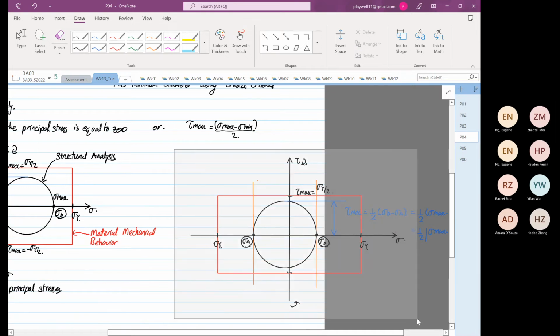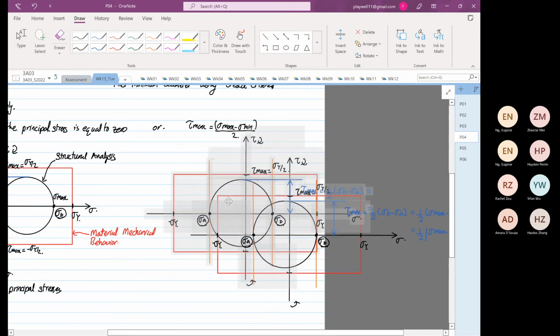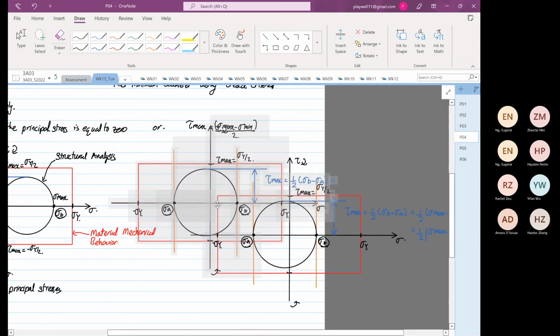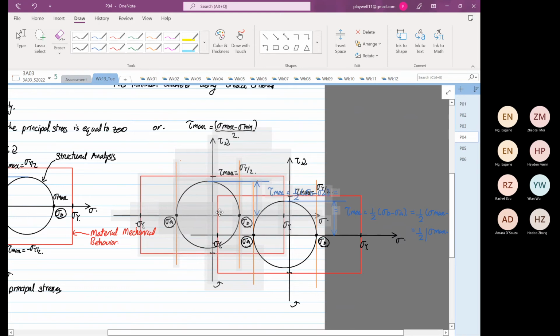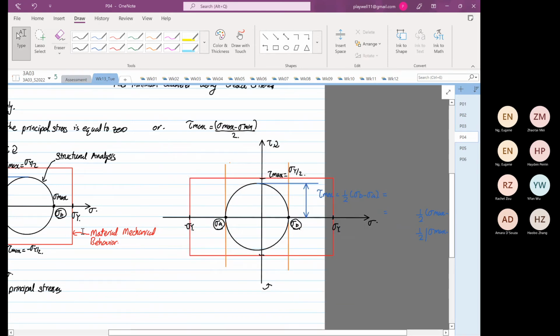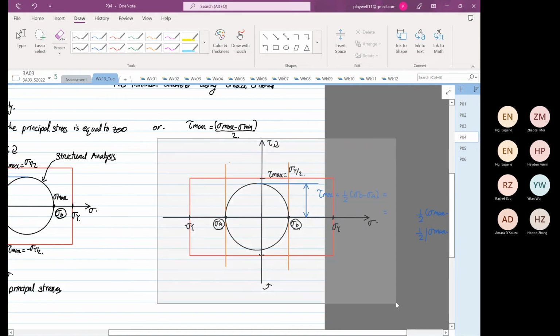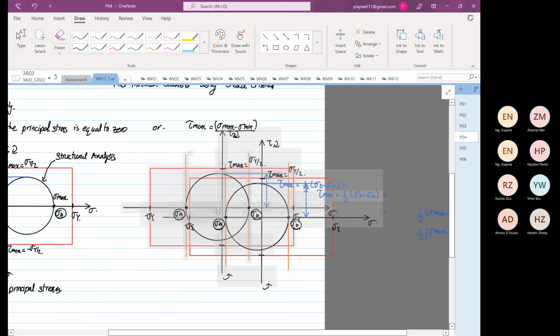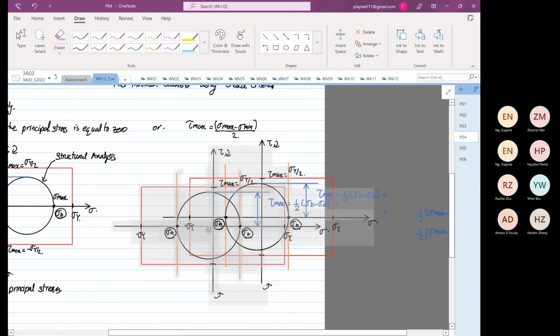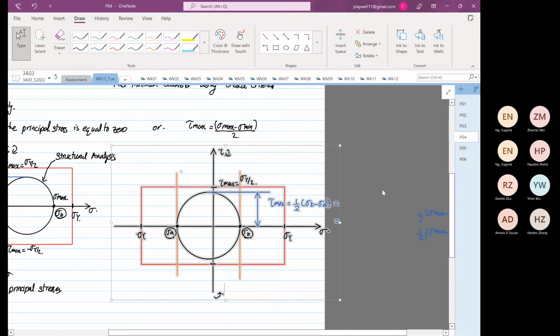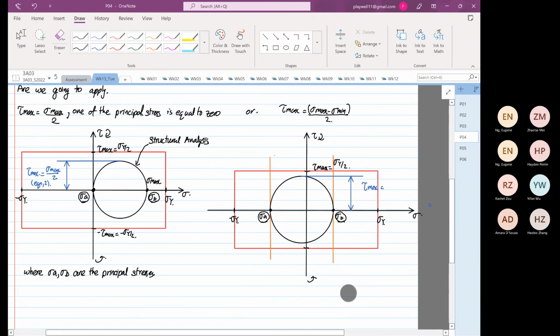Hold on, it looks a bit messy over here. I think I can get rid of this. So which formula to use? It depends on your Mohr circle.